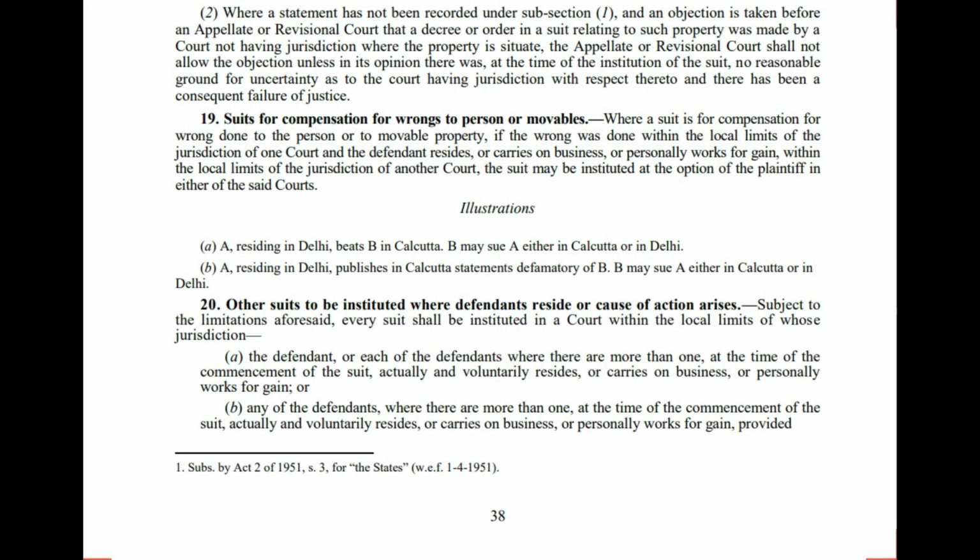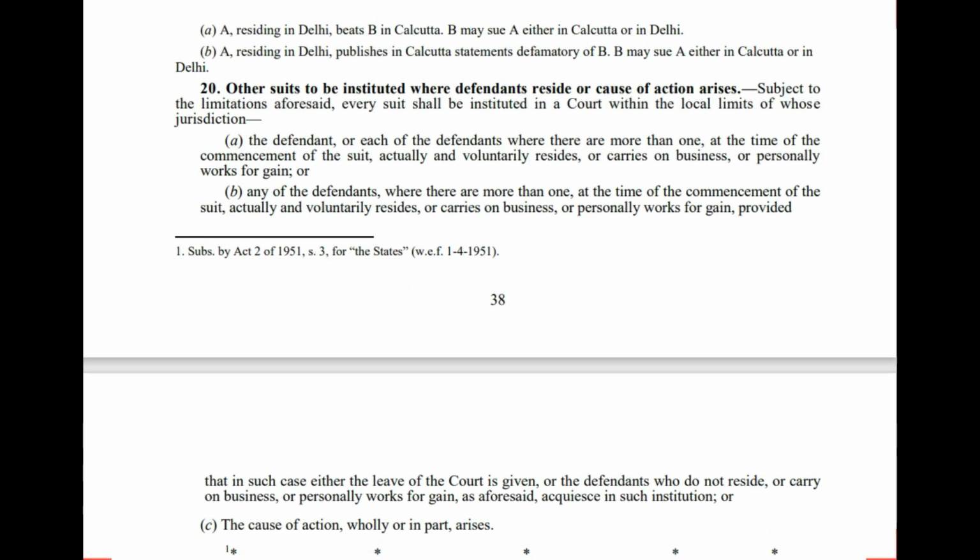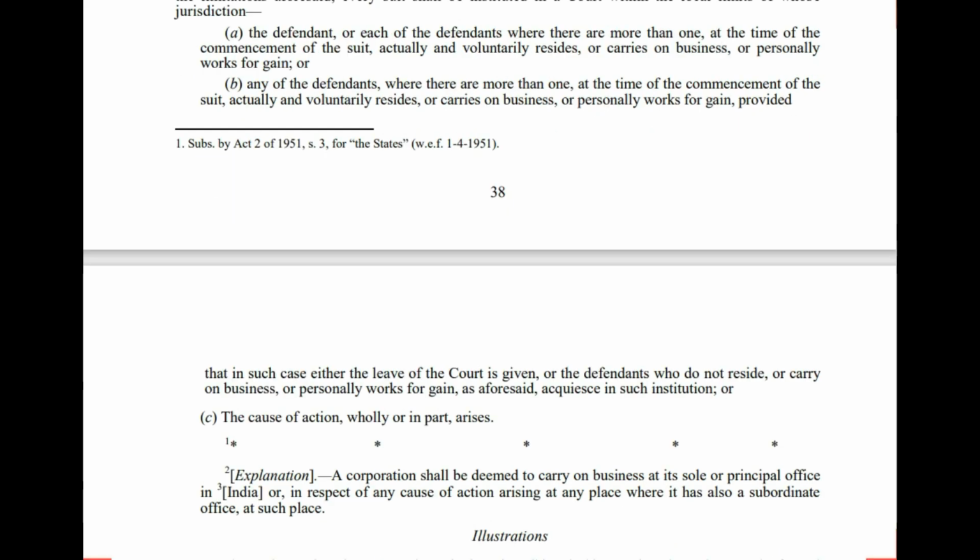Now let us move to the next subsection, that is 20 subsection B. If there is more than one defendant at the time of commencement of the suit, then any one of the defendants voluntarily resides or carries on business or personally works for gain. Imagine there are three defendants A, B and C. A is residing in Chennai, B in Delhi, C in Calcutta.